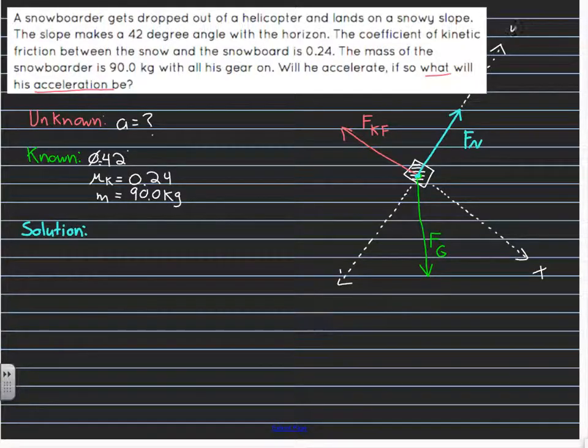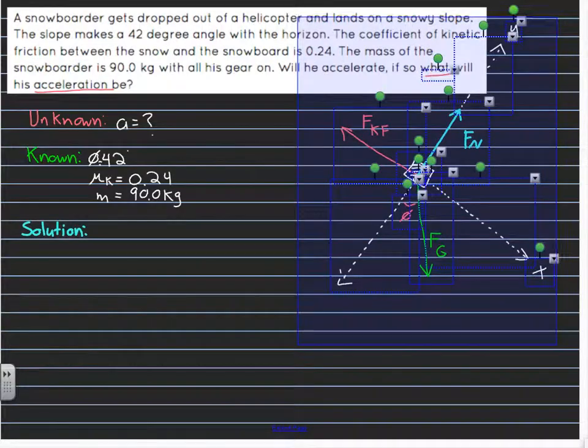There's the x direction, there's the y direction. We've tilted our axis, so now the x-axis is parallel with the hill. So that makes our angle here theta. So if we can find the net force in the x direction, we simply divide it by mass. So let's go ahead and try to do that.